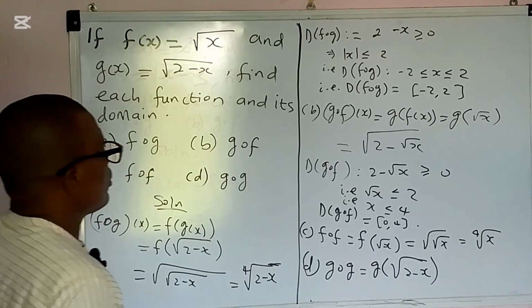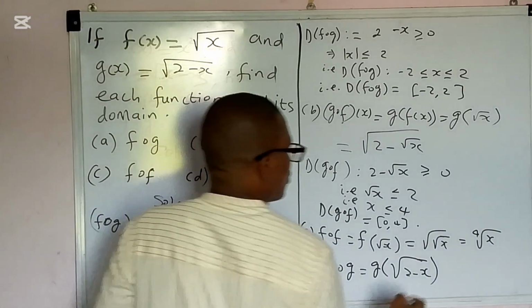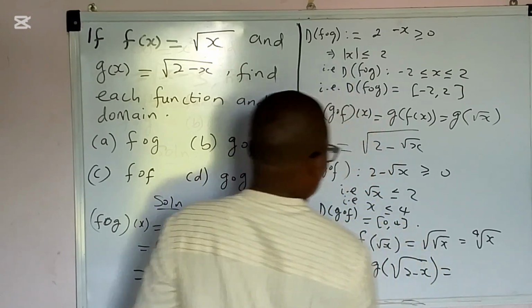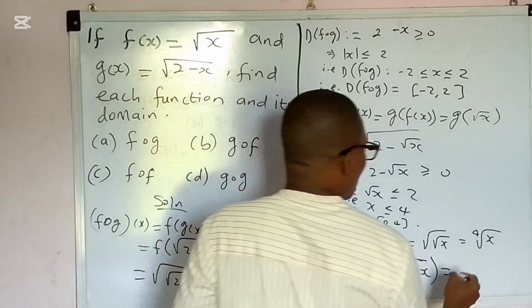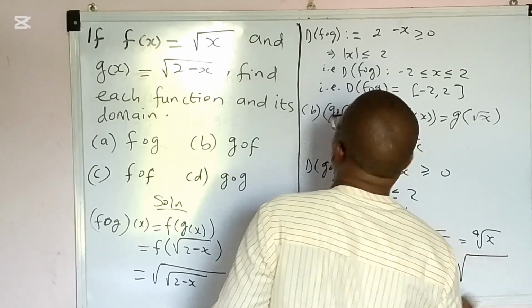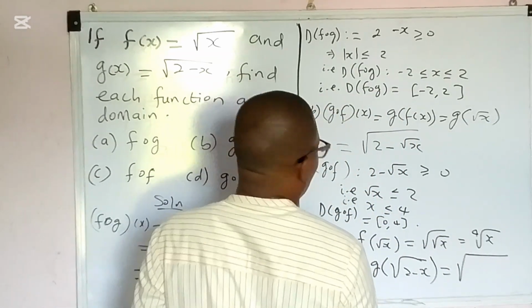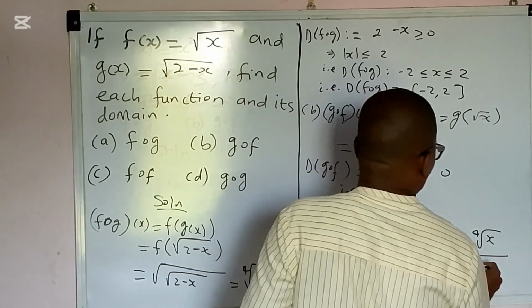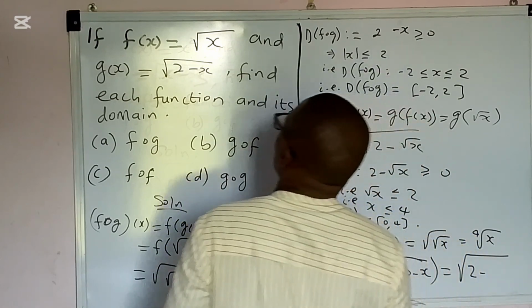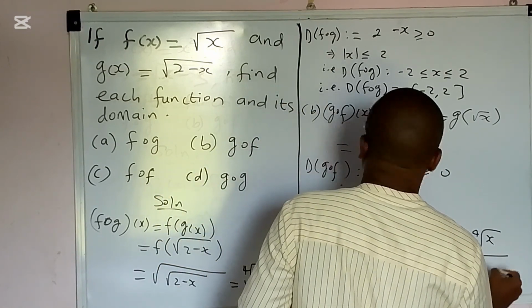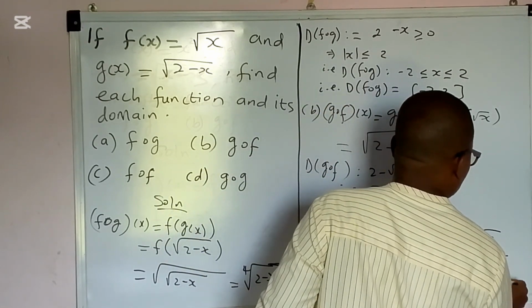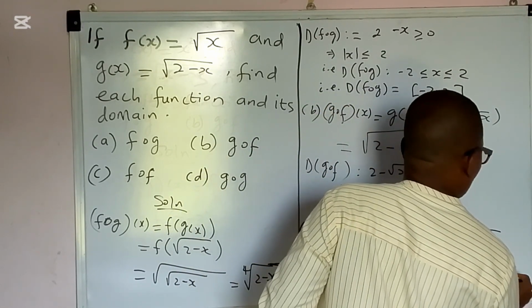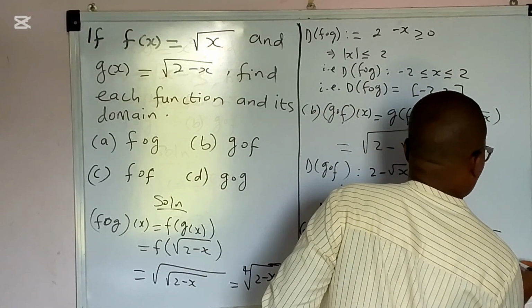So which will be equal to, g itself is this, so the square root of 2 minus x has become this, so minus root 2 minus x.